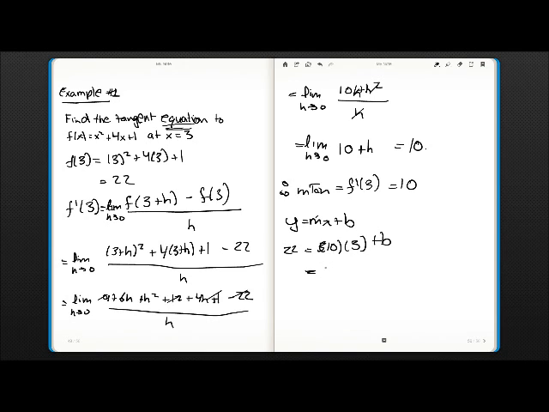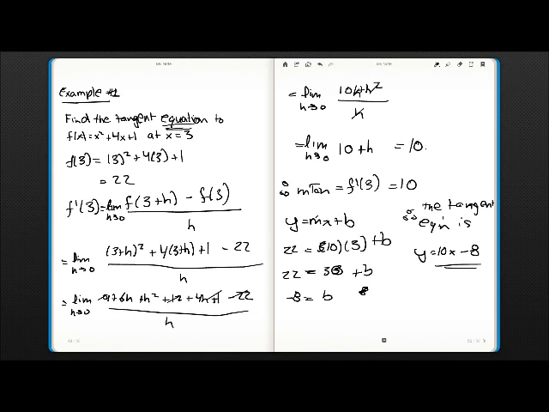This will equal 30 plus b, and that will give us a value of minus 8 equals b. Therefore, our final answer is the tangent equation is y equals 10x minus 8. Yeah, I did this right.